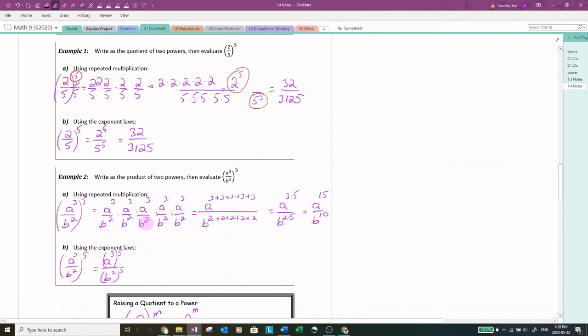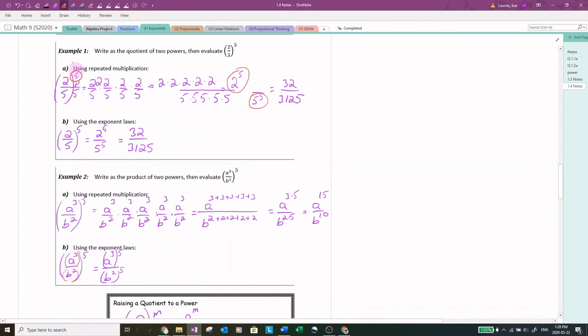Now I maybe didn't need to actually put those brackets there, but it's not a bad idea because if there was a negative sign here, the exponent 5 does apply to everything that's in the numerator, right? And there are always those invisible brackets right here. We don't write them, but they're actually there.